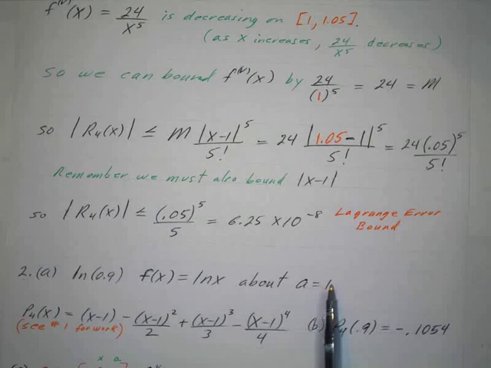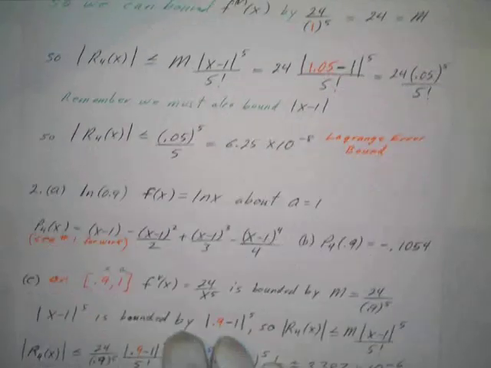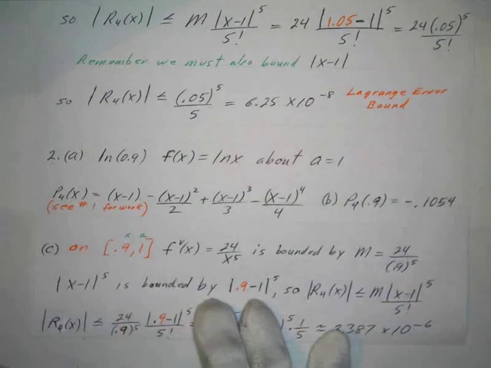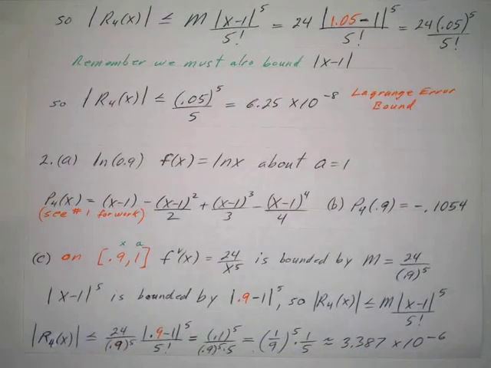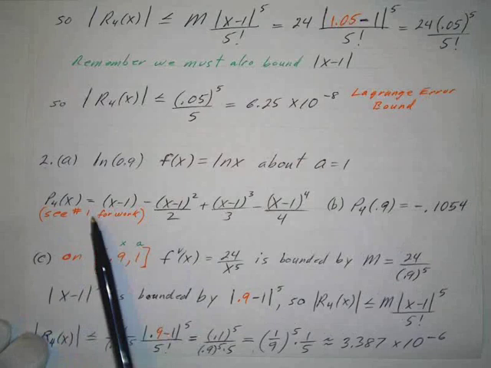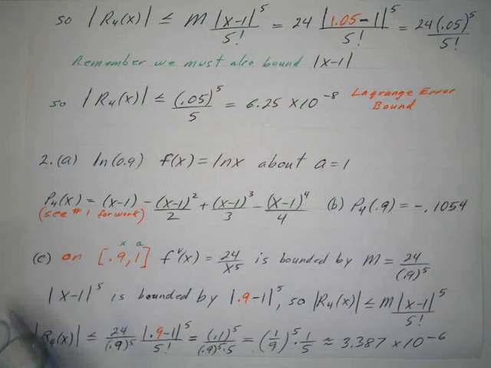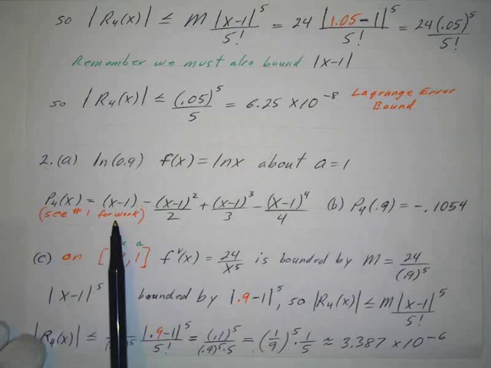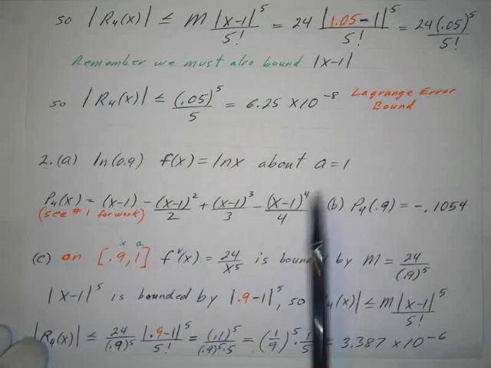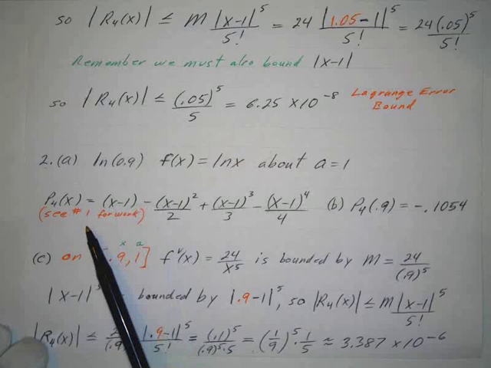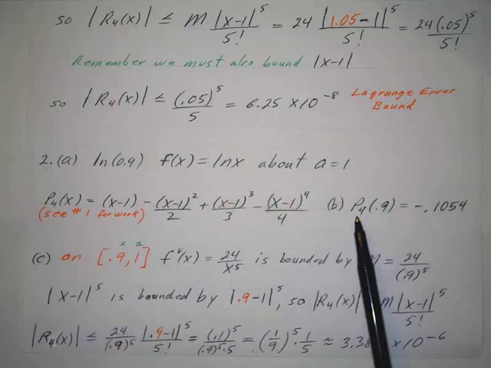Just like 1.05 was close to 1, 9/10 is close to 1, it's just on the other side. But since we're using absolute values, that's going to work out. So all I did was the a part, the expansion, I just saw number 1. I just took this off of the first one. So I use the same expansion. So you can see number 1 for the work if you want, or you can do it like that also. So there's your expansion, because they were very similar.